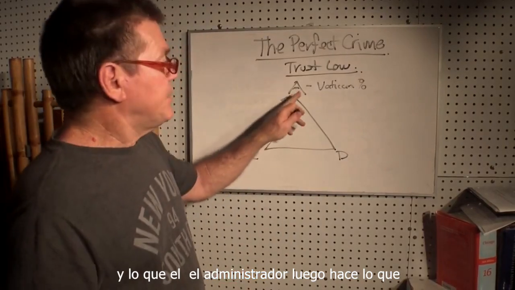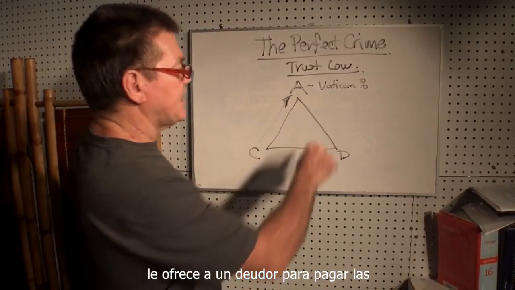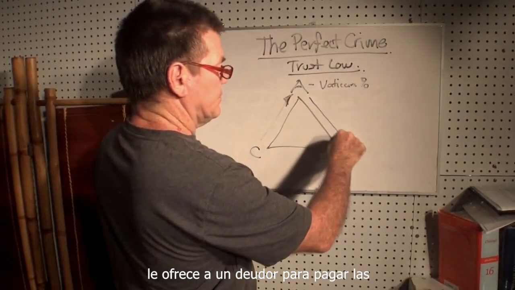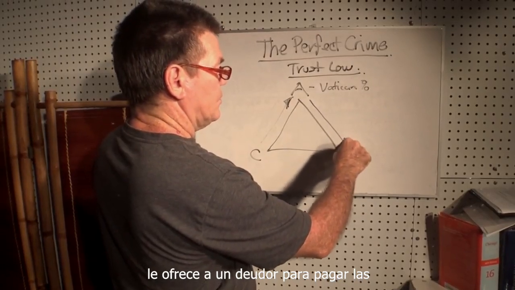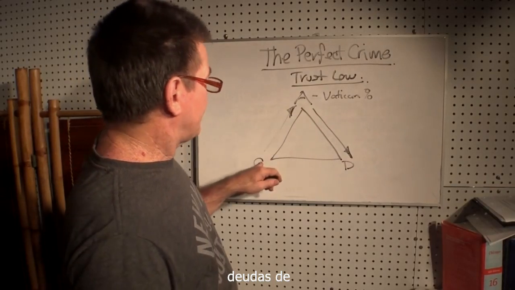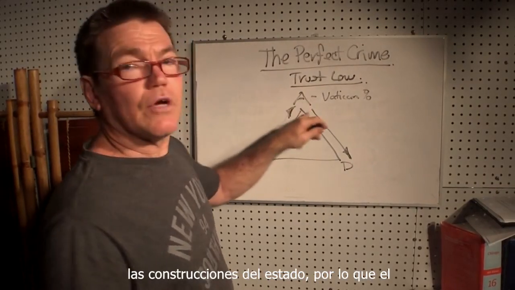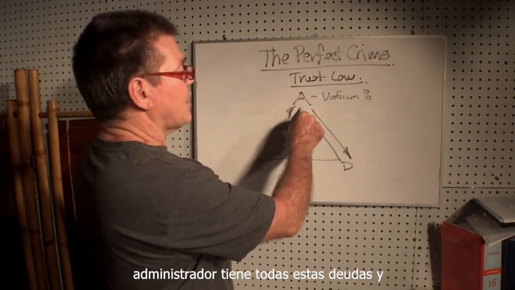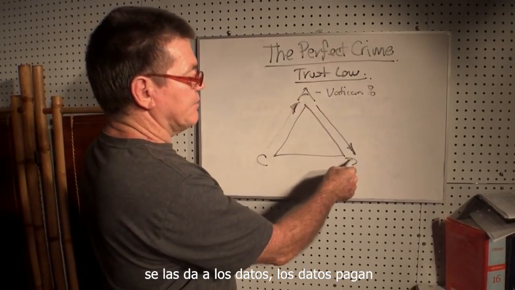And what the administrator then does is he offers this to a debtor to pay the debts of the bills of the state. So the administrator holds all these debts and he gives it to the debtor.